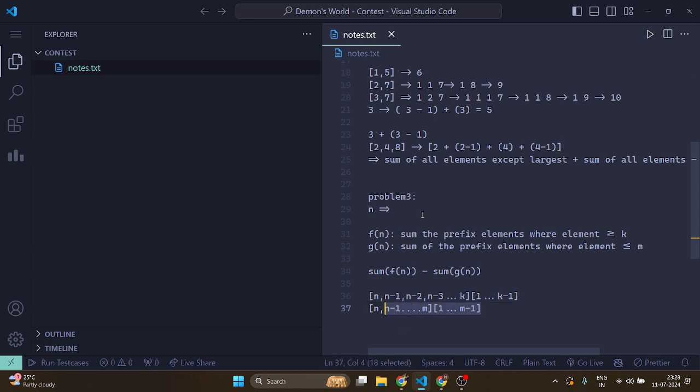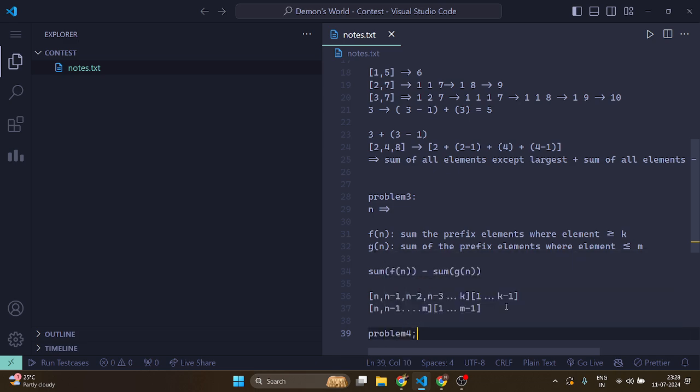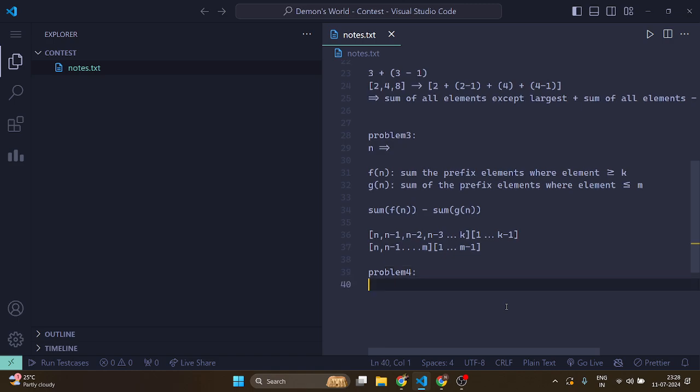The answer would be the one which provides the better score of these two permutations. So this was my solution for this problem. If you have any better solution, please comment it in the comment section.